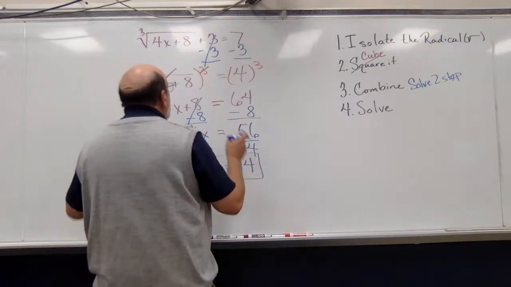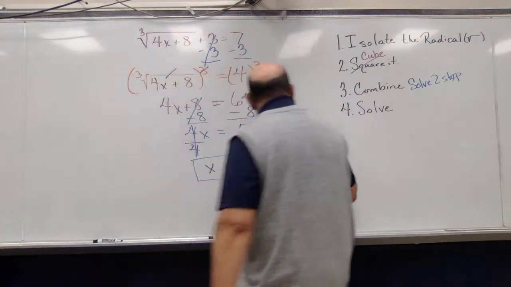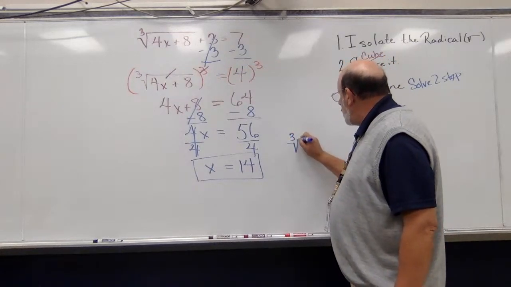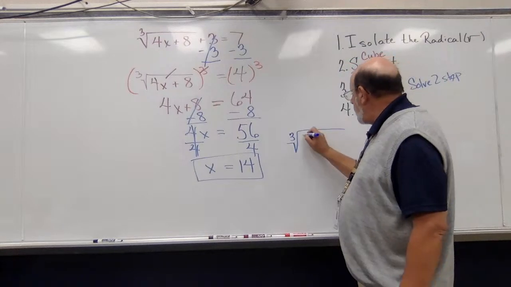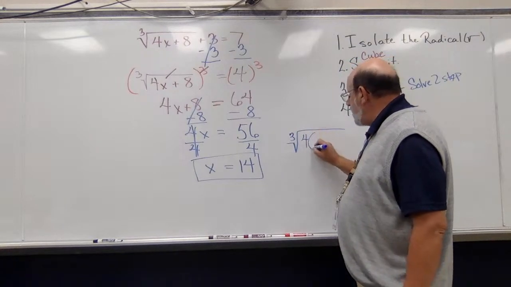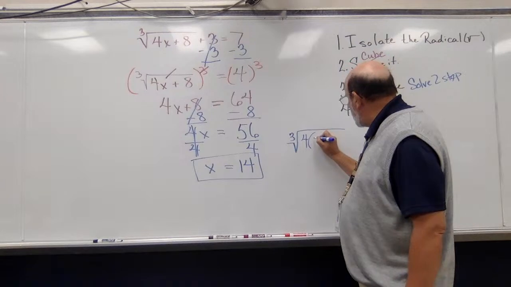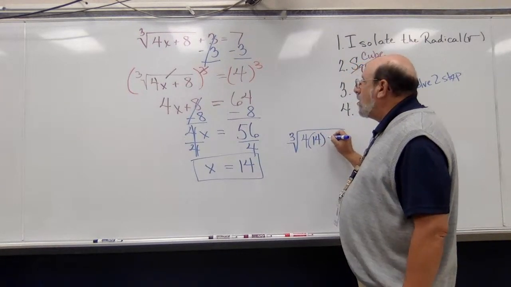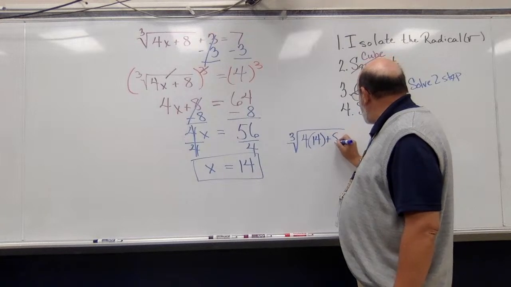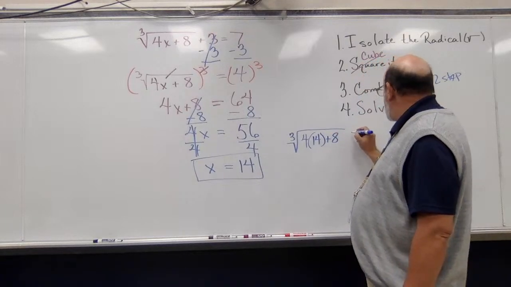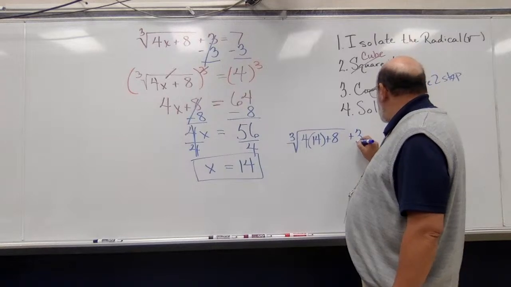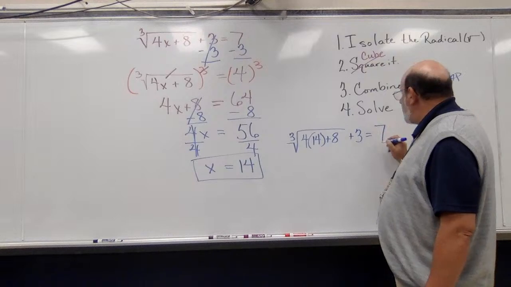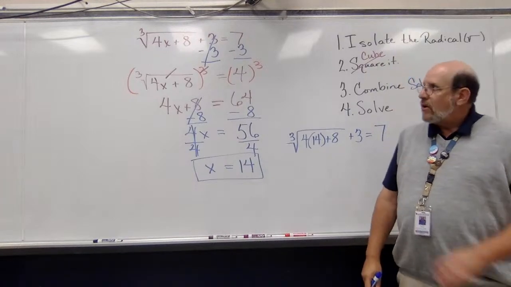Okay. What do I need? Let's go back to our original. The cube root of 4, we're going to input our 14, and then plus 8, plus 3 is going to be equal to 7, right?